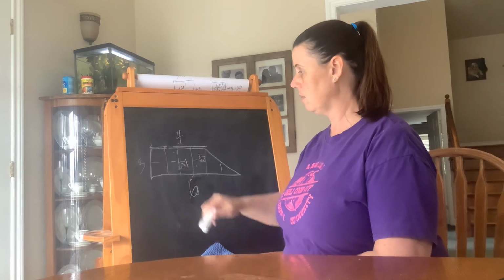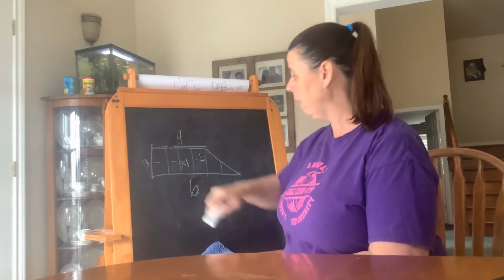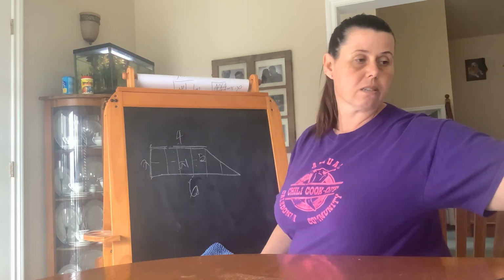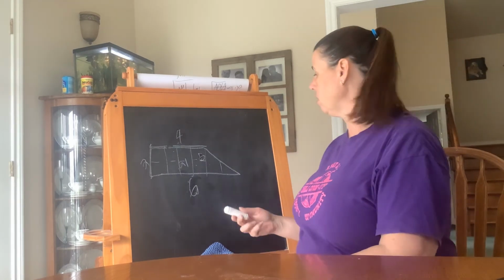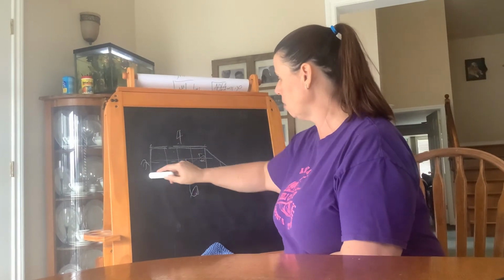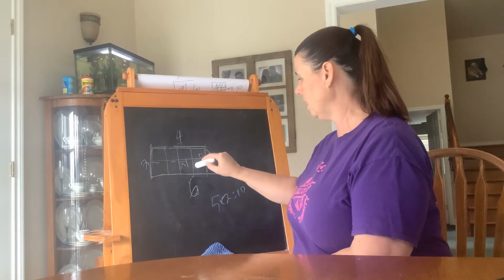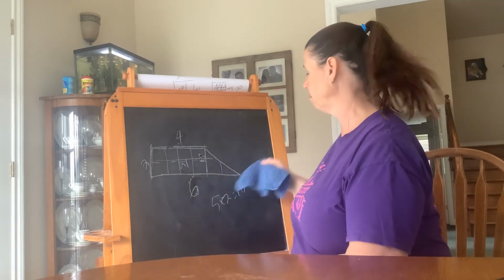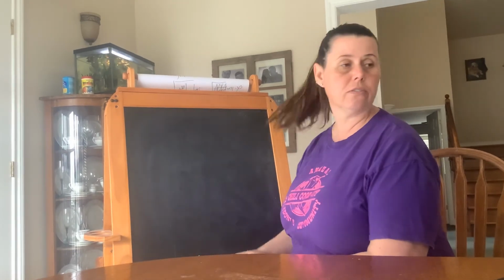The height, I count the boxes. 1, 2. I got my boxes, right? And then to figure out the area, my length is 5, and my height is 2, 5 times 2 is 10. So the area of this is 10. Okay? So go follow the steps. Answer question 12. We're almost there.